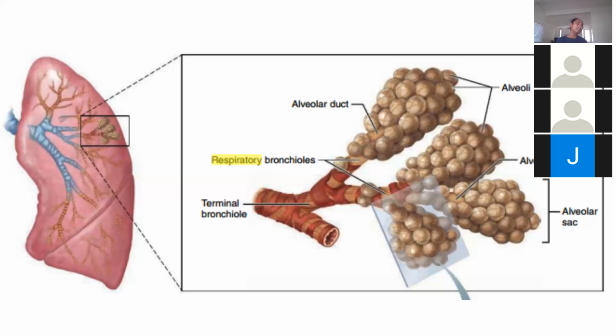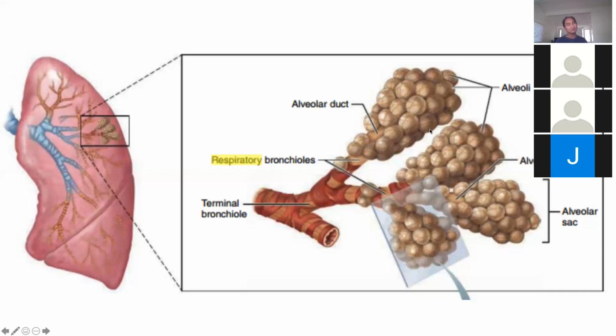So these little spaces in between the alveolar sacs or the respiratory bronchiole or the terminal bronchiole will be filled with elastin and connective tissue fibers, which give the structure of the lung and the elasticity required of the lung.